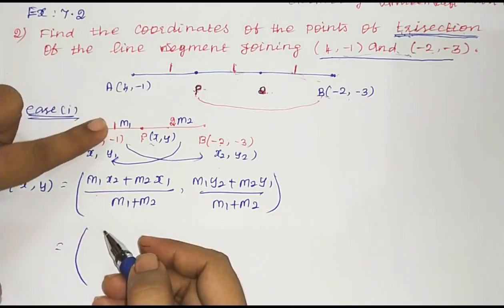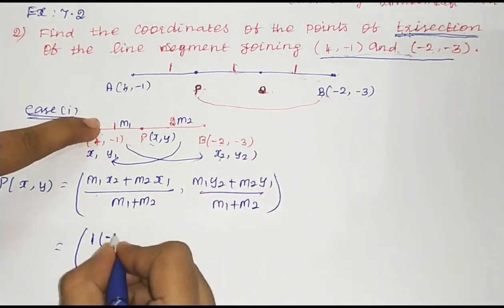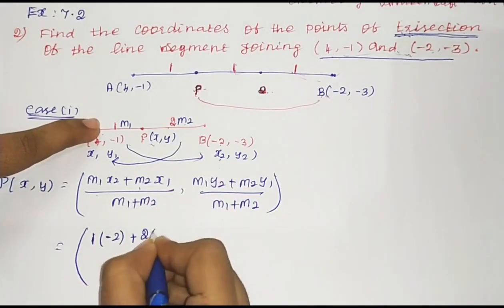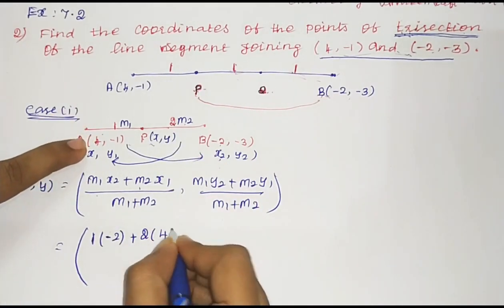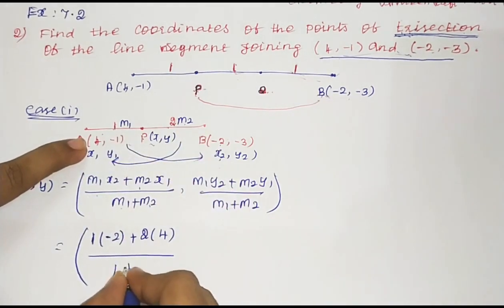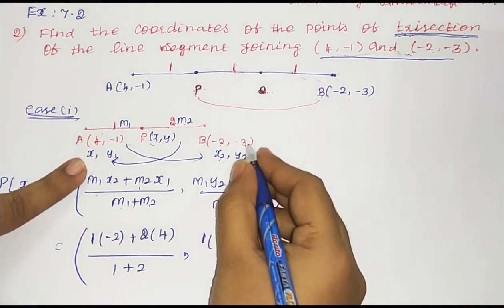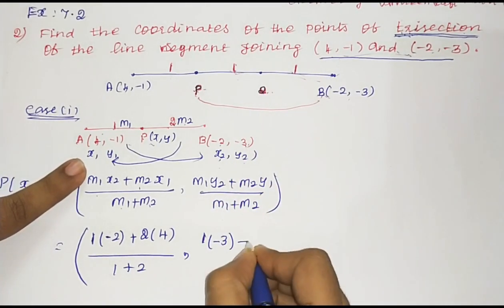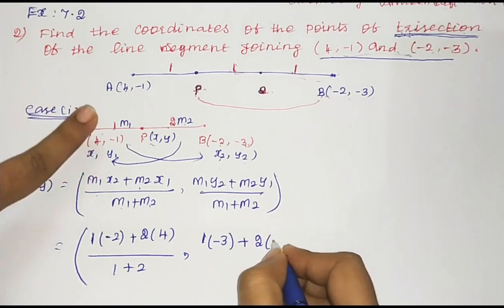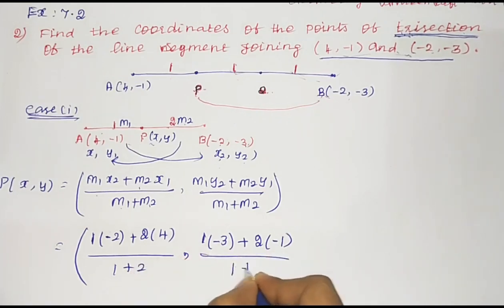Instead of m1 write 1. Instead of x2 minus 2, plus m2. Instead of m2 2. Instead of x1 we can write 4. The denominator m1 plus m2, so 1 plus 2. Similarly m1 1. Instead of y2 minus 3 plus m2 2. Instead of y1 we can write minus 1. The denominator m1 plus m2, so 1 plus 2.